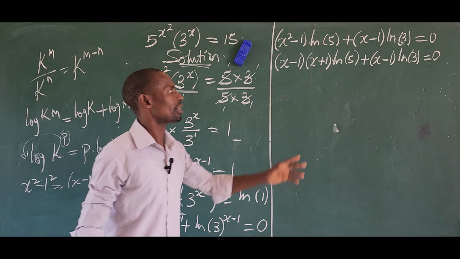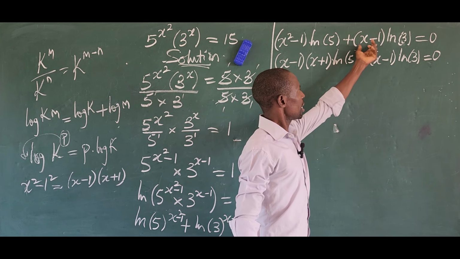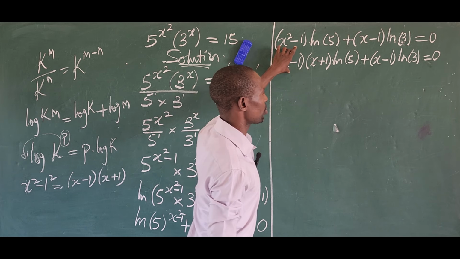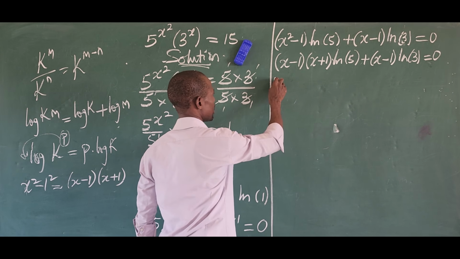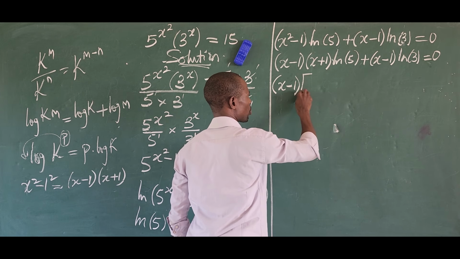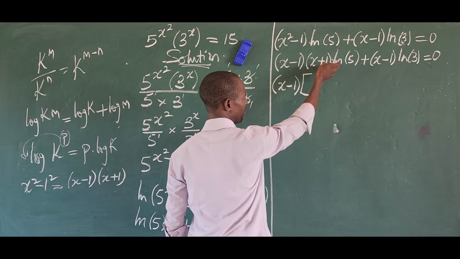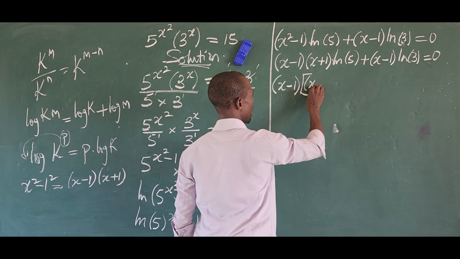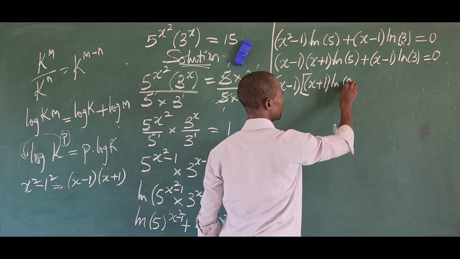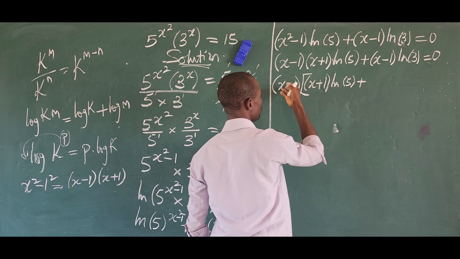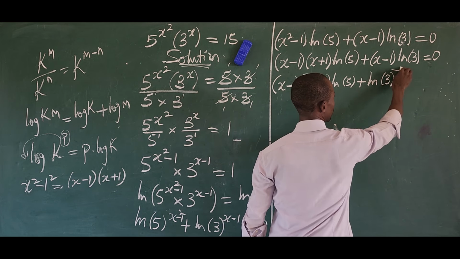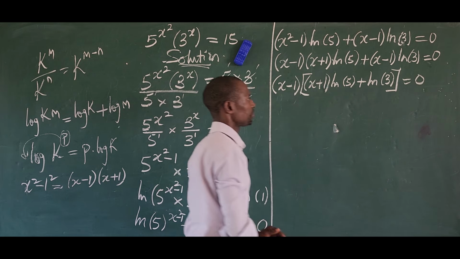So you now discover that we'll be able to manipulate this expression we have here now. So we can now factor this out. If we factor this out, this is going to give us x minus 1 close bracket into a square bracket. If we use this to divide everything here, we are left with x plus 1 close bracket times the ln of 5, then plus, we use this to divide this, we are left with ln of 3, close bracket, square bracket close, equal to 0.